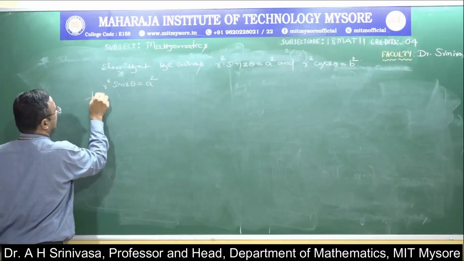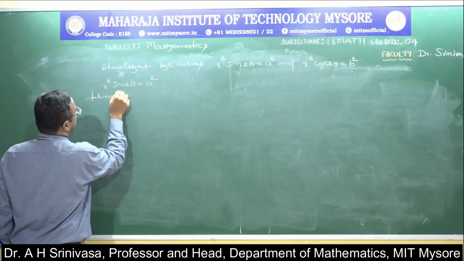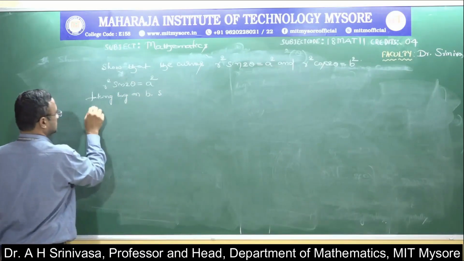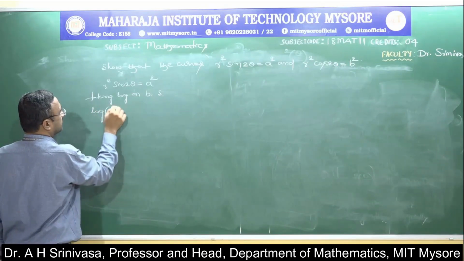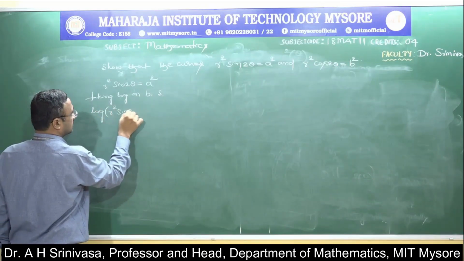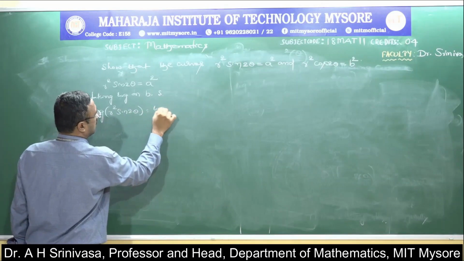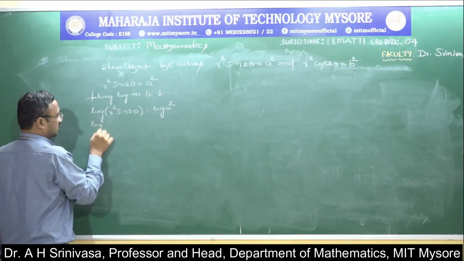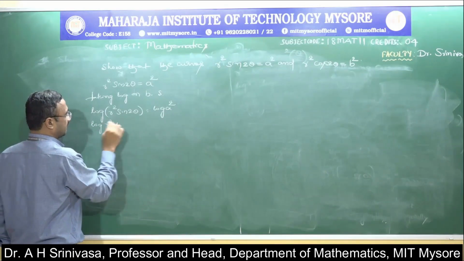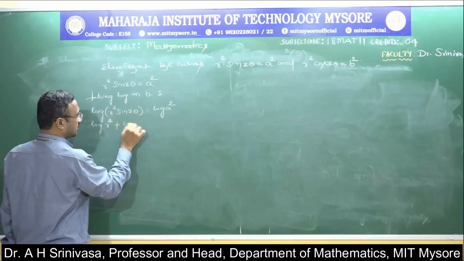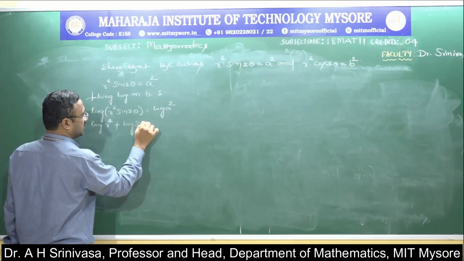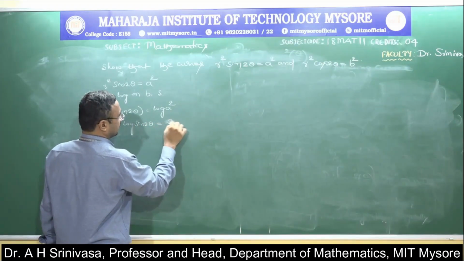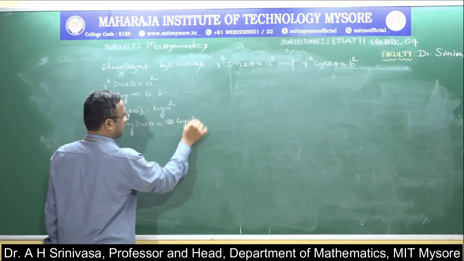Now taking log on both sides. This becomes log of r square sin 2 theta equal to log of a square. Now use the properties of logarithm. This becomes log r square plus logarithm of sin 2 theta, then 2 times log a.